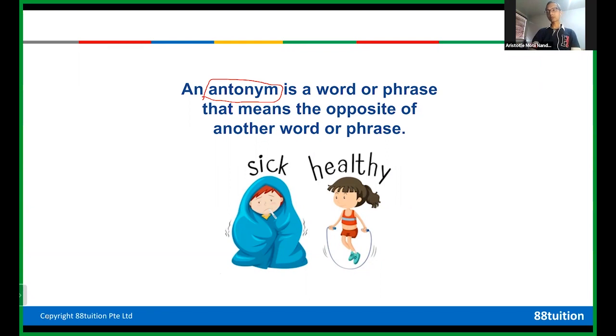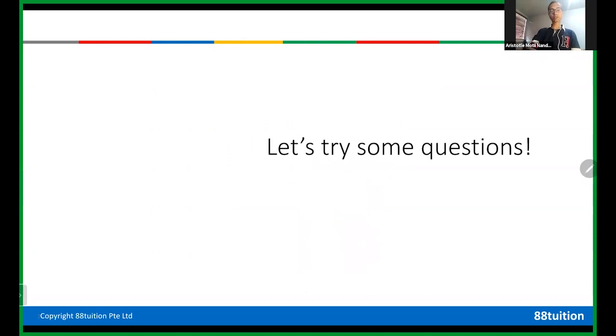So like normal, then you have abnormal. So it's an opposite. So antonym is a word or phrase that means the opposite of another word or phrase. Like here, the antonym of sick is healthy. It's not equal, it's completely opposite. Okay. Now let's try some questions.